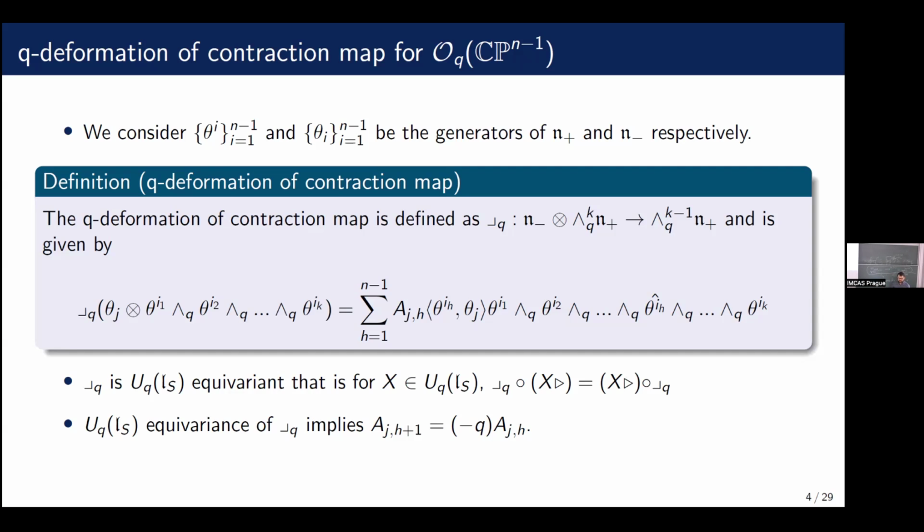The meaning is this, and using this equivariance, you can find the explicit relation between these coefficients, and you can see exactly how much you are paying, the power of Q coming out in the elimination process of theta_i.